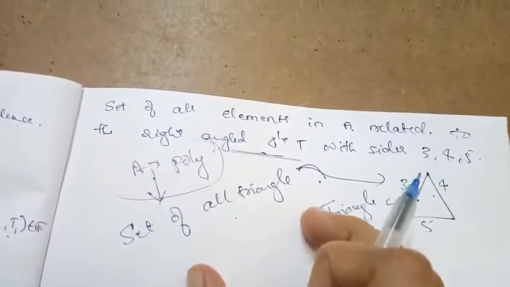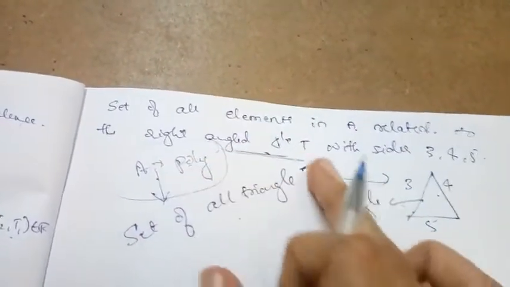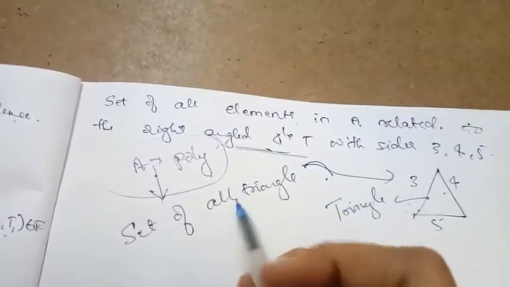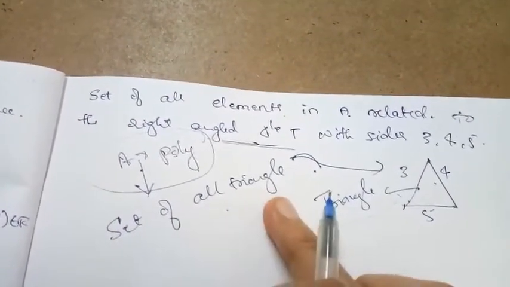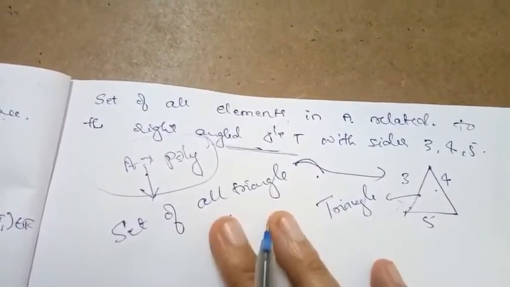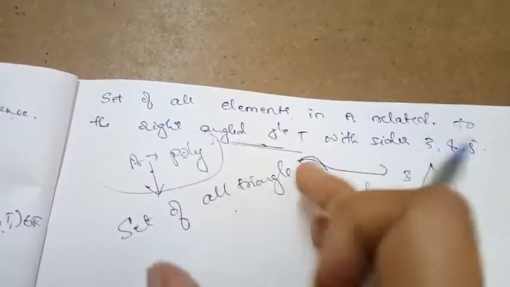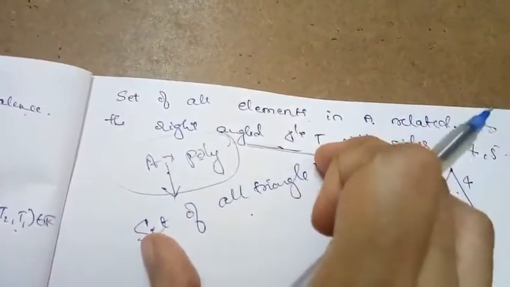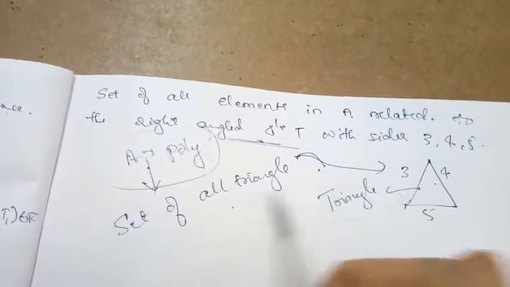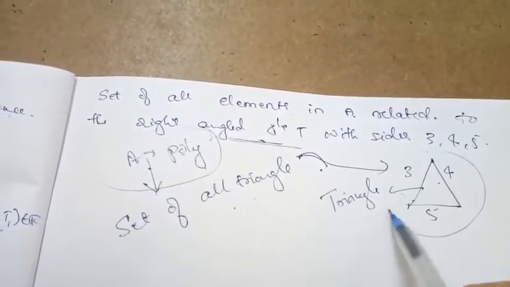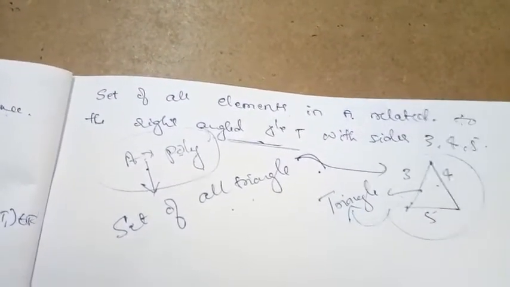Note this: from the set of polygons, I am taking the set of all triangles. It might be equilateral or isosceles, whatever the type of triangle may be, because even an equilateral triangle also belongs to the set of triangles.